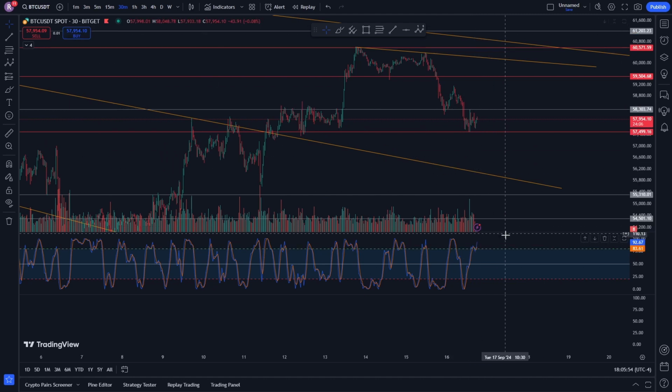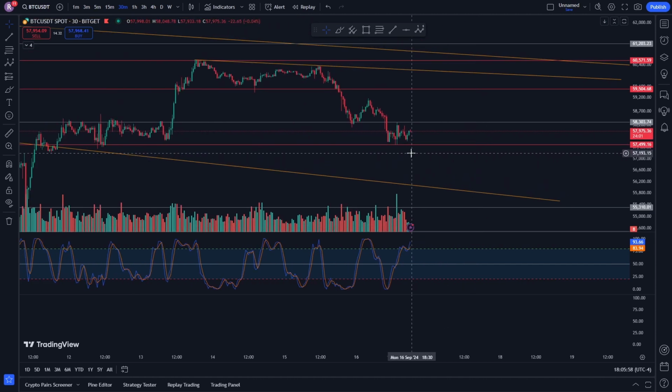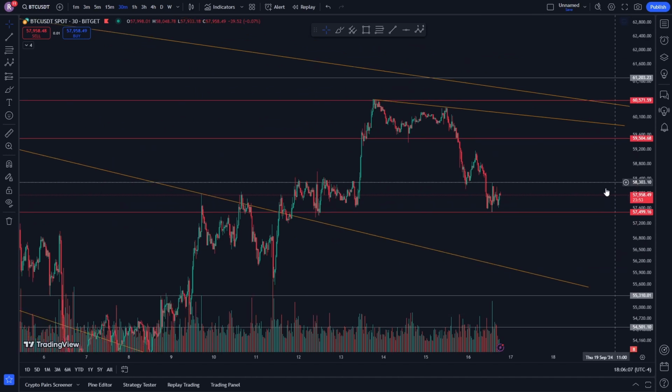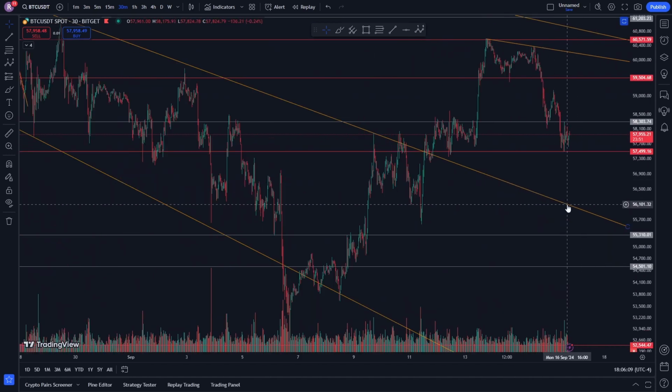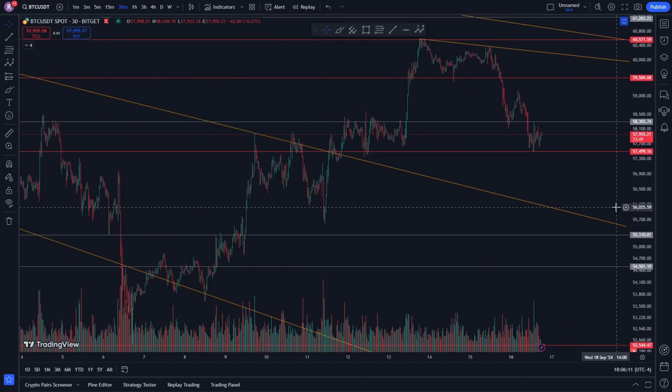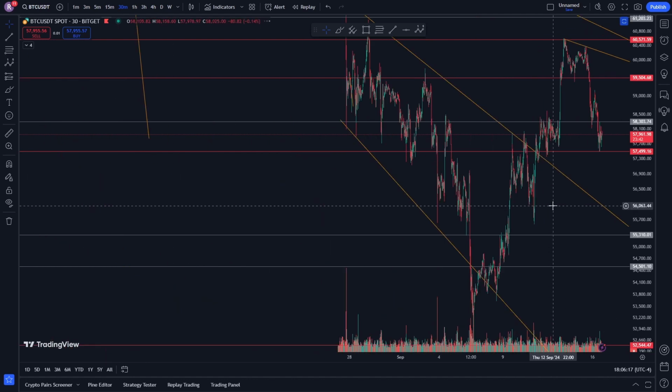You can clearly see it's getting overbought. Last time we were overbought, we were at 59. Now we're at 58, not even that. So this is clear bearish divergence. It will fall. Where will it fall to? I think 56.2, which aligns with this downtrend.